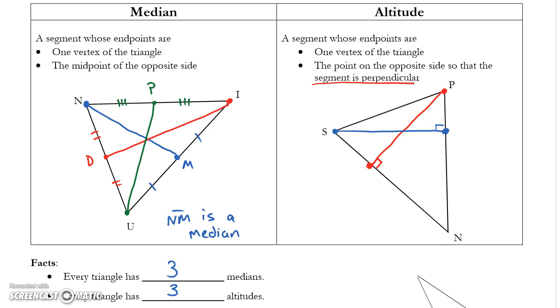It just happens to be the point where my segment is perpendicular. I could do the same thing from point N. Go perpendicular to my opposite side. That might be somewhere right around there. Again, these are all just estimates. We'll talk later about getting this as something that's more exact. We're just getting the idea as to what it is.